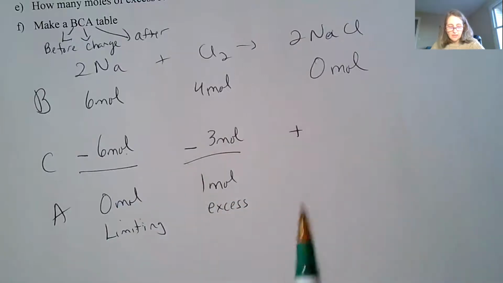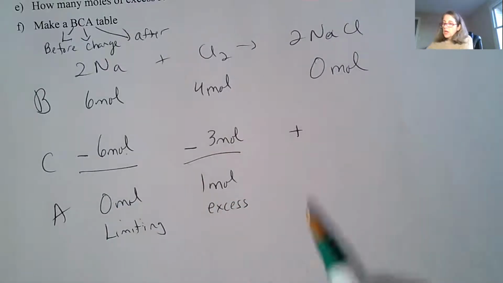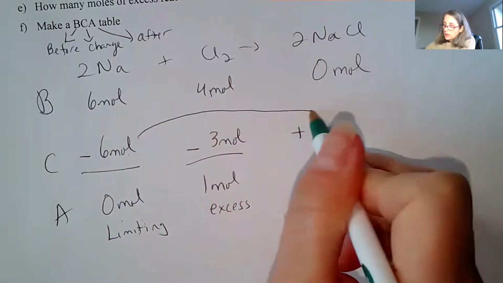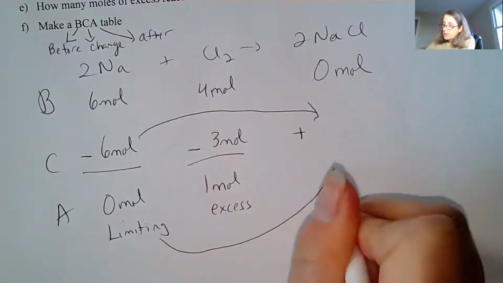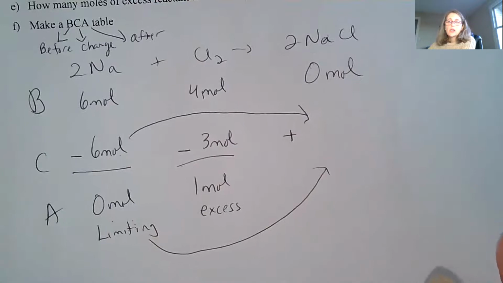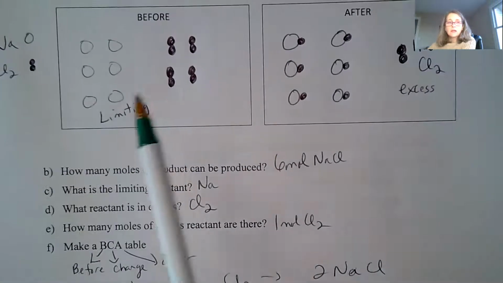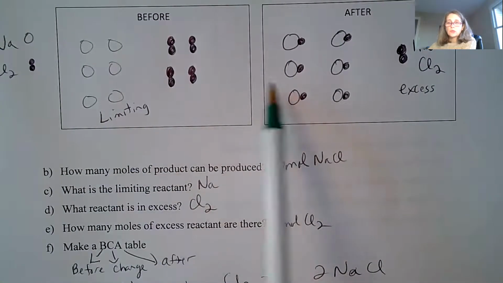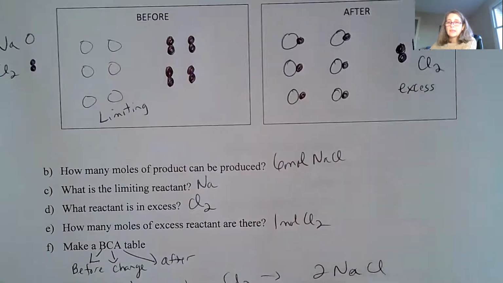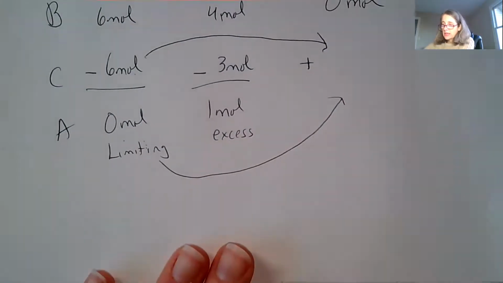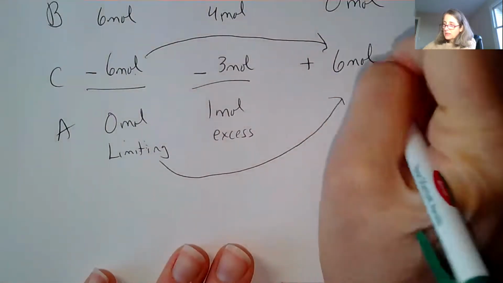Now, the key to this is the limiting reactant is going to essentially determine how much product you make, okay? So in our example, again, I had to depend on the sodium circles. That was going to be the one that limits how many sodium chlorides I made. So that is why it turned out to be 6 moles.